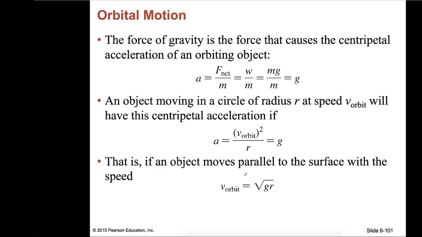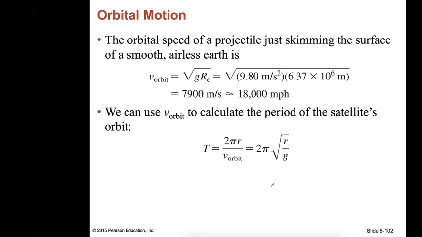And an object moving in a circle of radius r at speed v_orbit will have the centripetal acceleration a equals v squared over r, which is g. That is, if an object moves parallel to the surface with a speed v equals the square root of gr, then it will be in orbital motion.